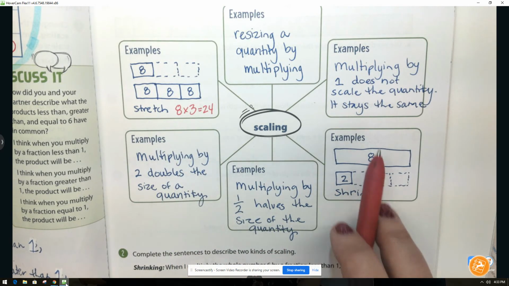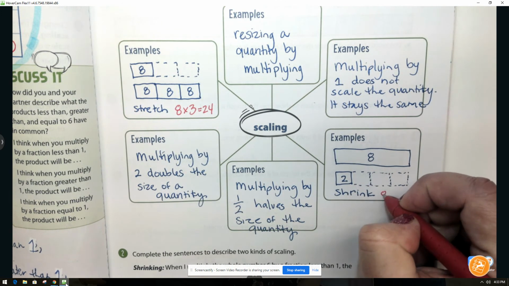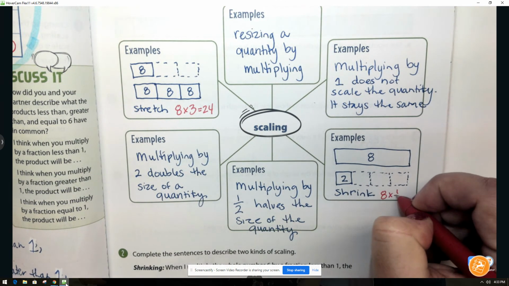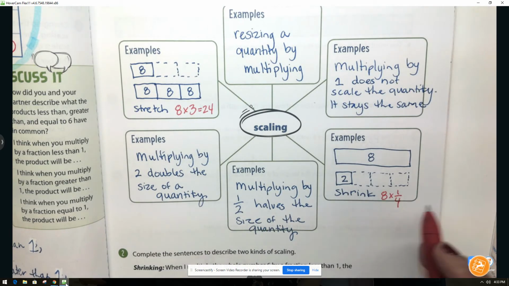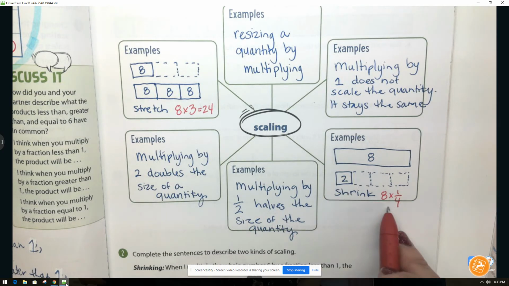Now over here in this example, and then I'll go to the others. In this example, we are multiplying 8 times a fourth because we are taking 8 and we're shrinking it. We're making it smaller. We're multiplying it by 1/4.